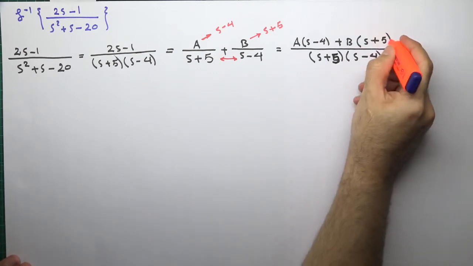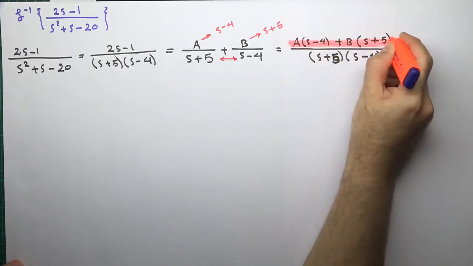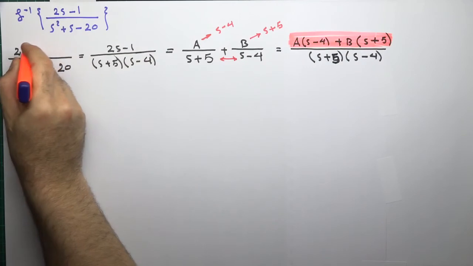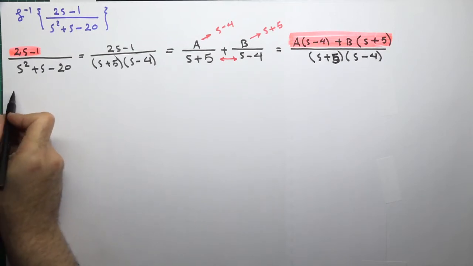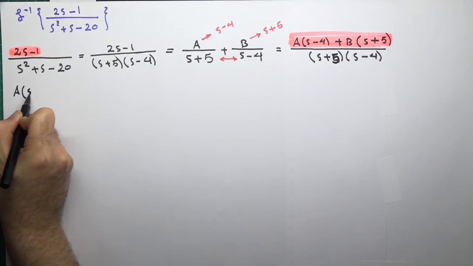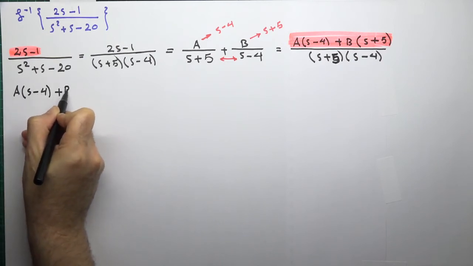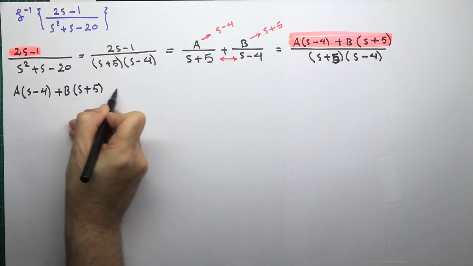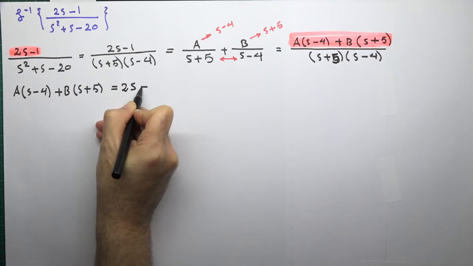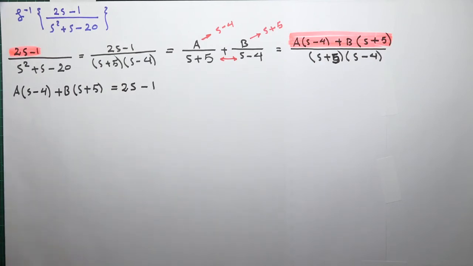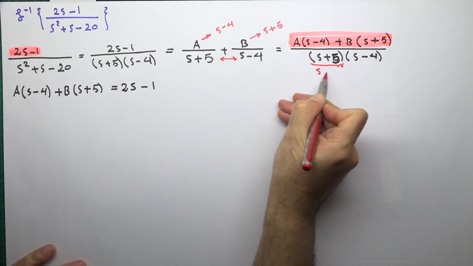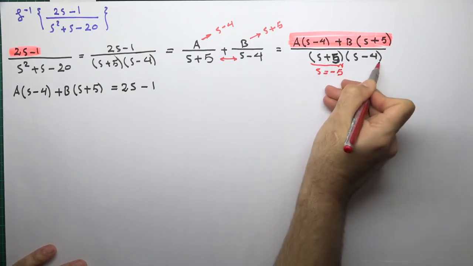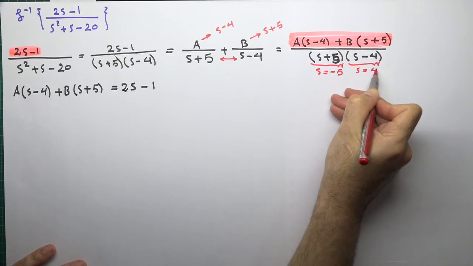Now, as you know, this numerator here equals to this. هذول بيساوي بعض طبعا. فنستطيع الآن أن نقول أن A(s minus 4) plus B(s plus 5) equals 2s minus 1. الآن راح نختار اختيارين لS بحيث نعمل plug in on the left and right hand بهذه الانيكواليتي، بس راح نختارهم اختيار ذكي. راح نقول s equals minus 5 to make this 0, and here we will choose s equals 4.